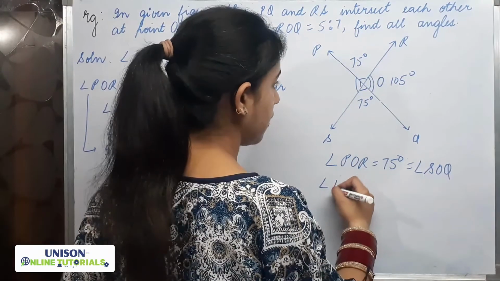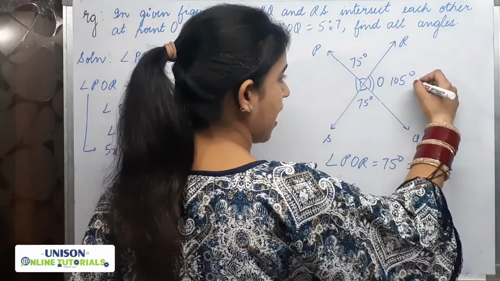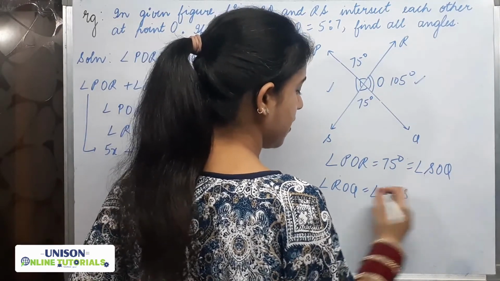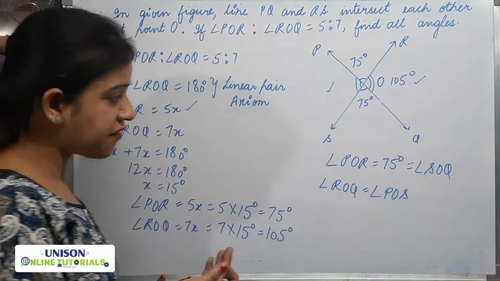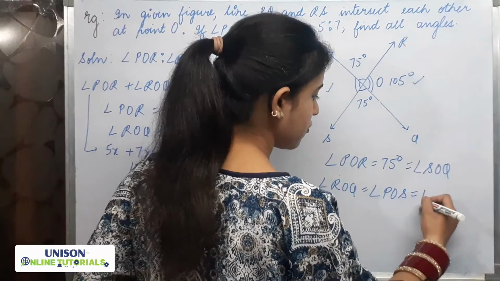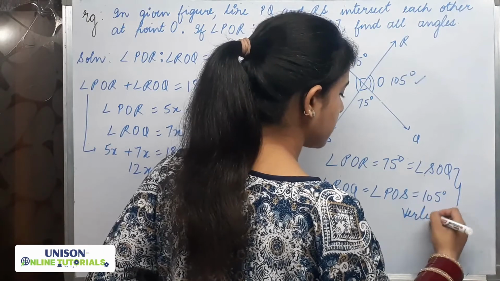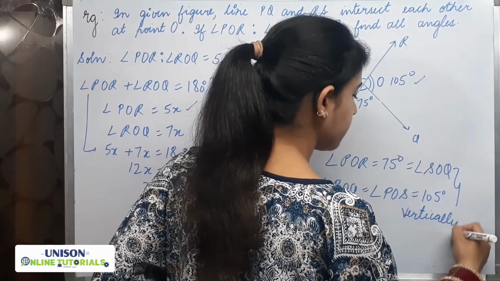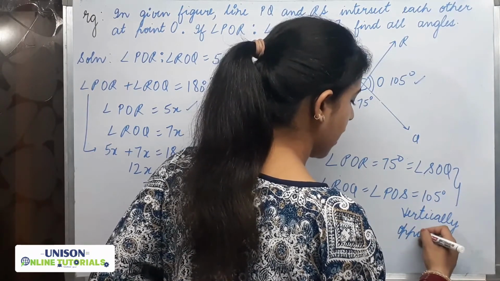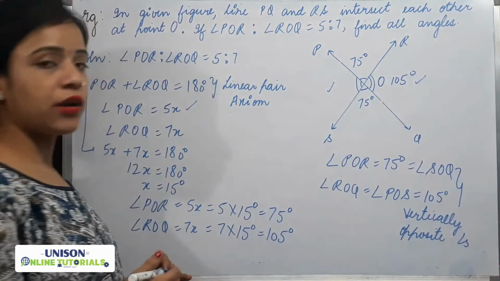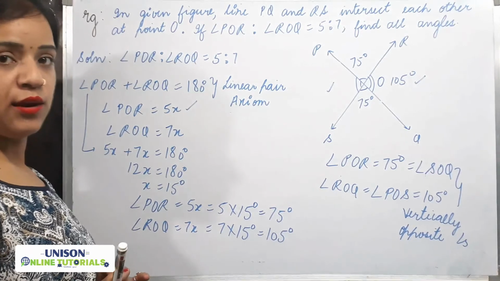Now angle ROQ equals angle POS, and ROQ equals 105, so this also equals 105. Again, the reason for these two angles is vertically opposite angles, because when two lines intersect, vertically opposite angles are equal.